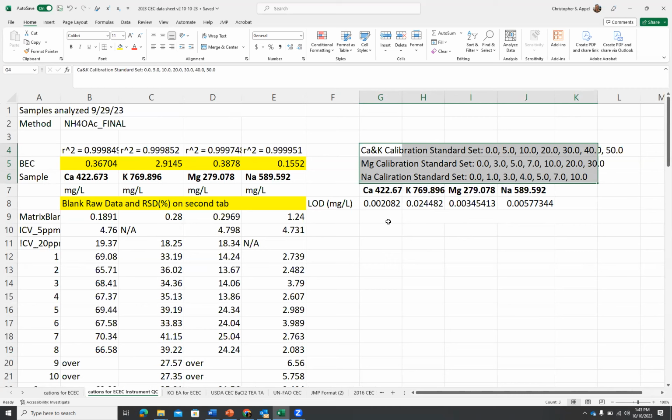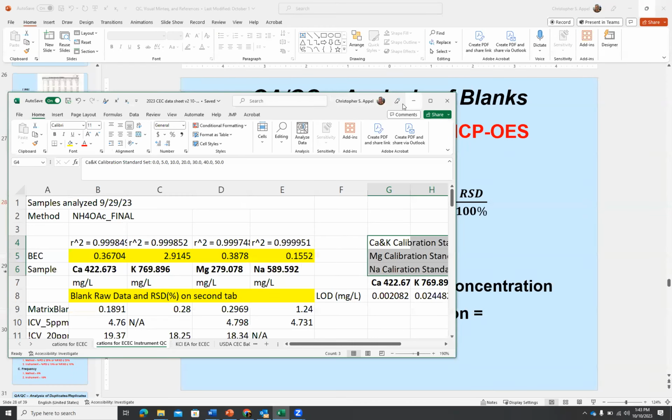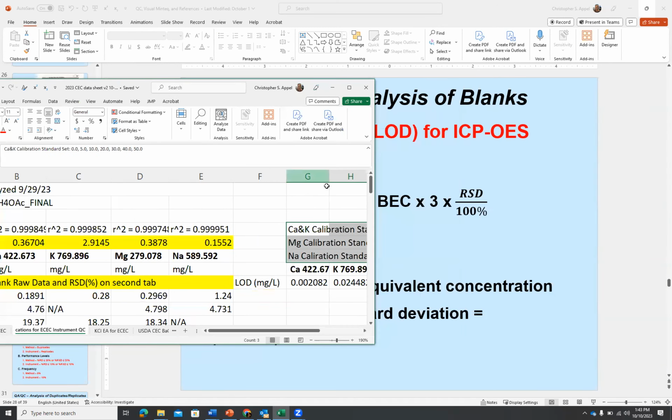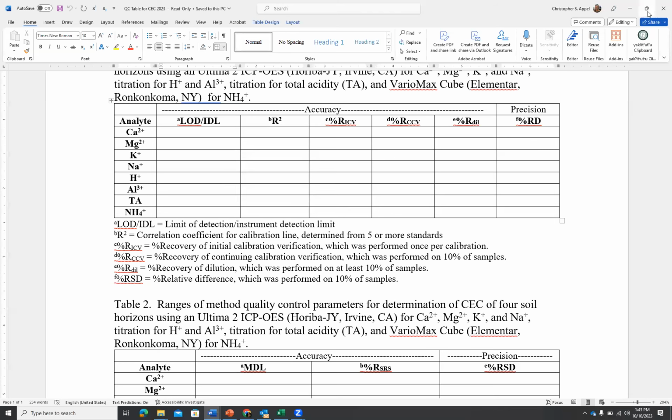We'll just do it to the hundredths place. For potassium, it'll be 24.48, right? And so what you can do then is take these values and put them into that table that I created. That table is right there.